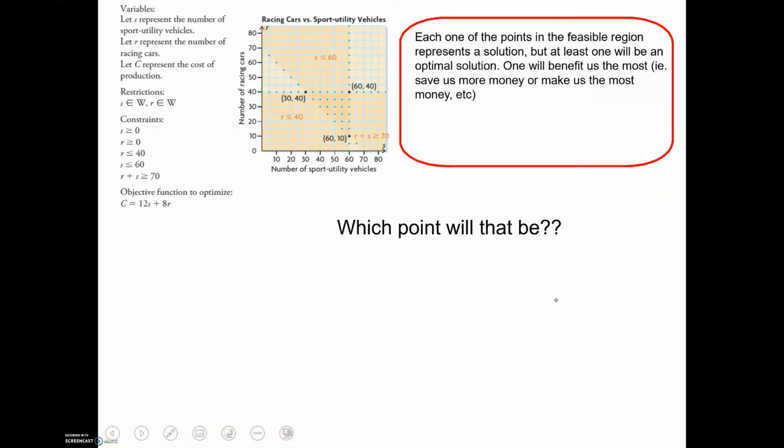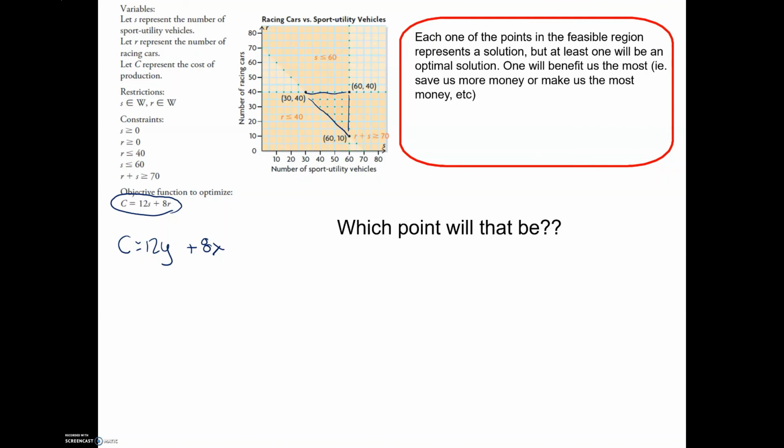Which point would that be? So here is the answer to those racing cars and the SUVs, the graphs for that. Here was our objective function. They just changed those variables to S and R. We can put them back to what we had, 12y, 8x. And you can start testing points in this region to find what's going to give you the best answer.